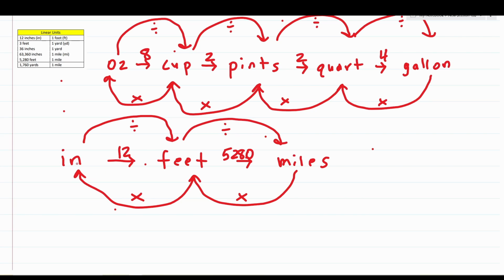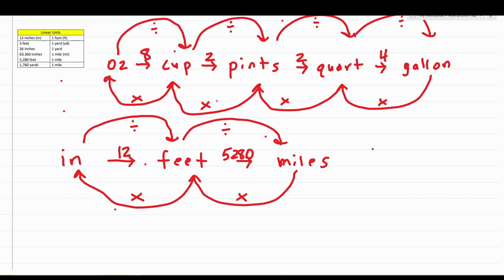The first thing you're going to do is divide by 12 to convert inches to feet. And once you convert to feet, you're going to divide by 5,280 to convert feet to miles. In other words, as long as you follow these steps, you can make any conversion fairly easily and quickly.